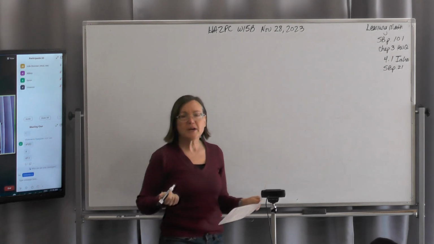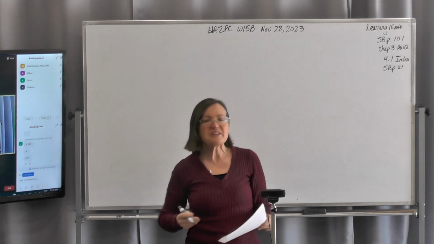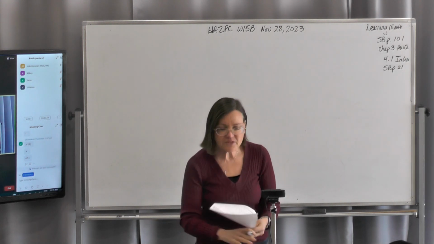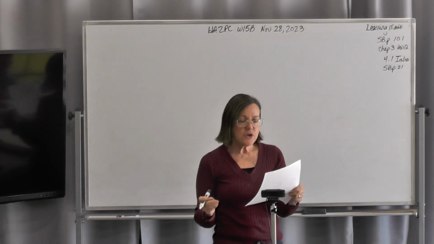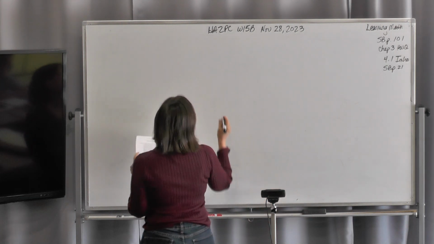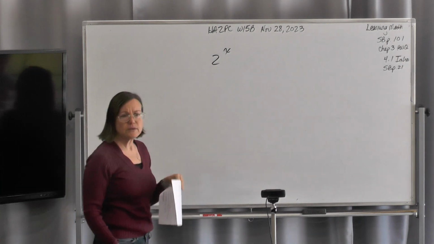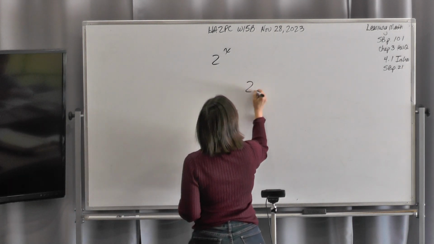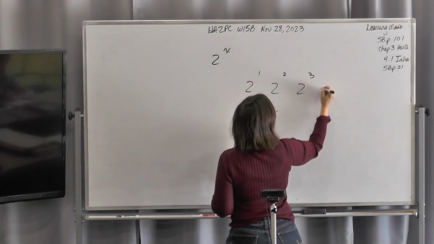You'll need to remember your exponent rules, okay? Because if you notice, x is going to be in the exponent. So everything that we know about exponent rules is going to end up applying here, okay? So let's think about, I'm going to just go ahead and use 2 to the x. Right? Okay. So if you think about it, 2 to the 1, 2 to the 2, 2 to the 3, and so on.